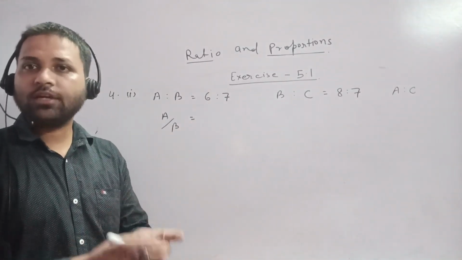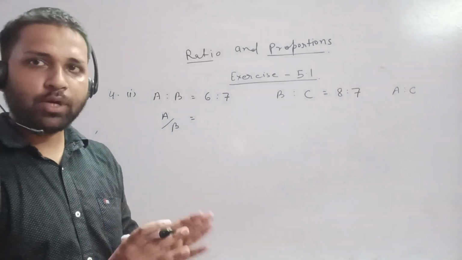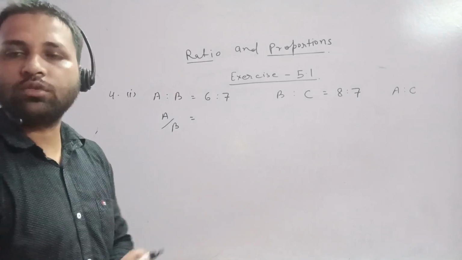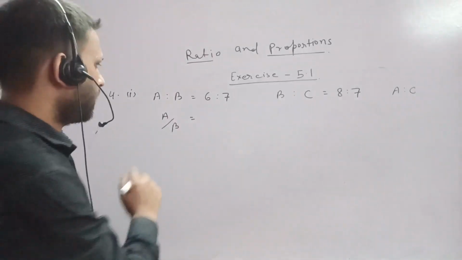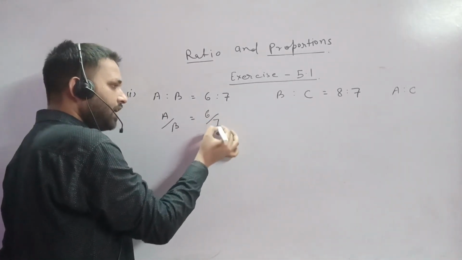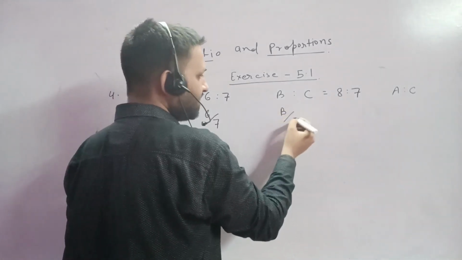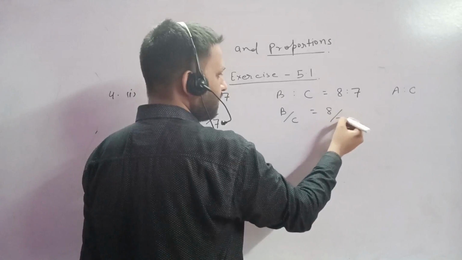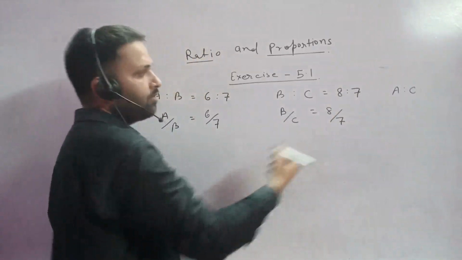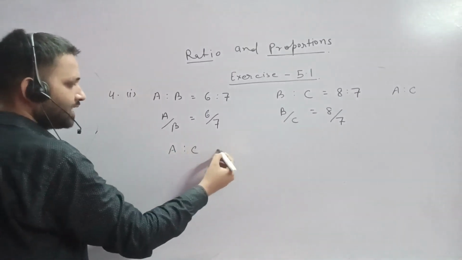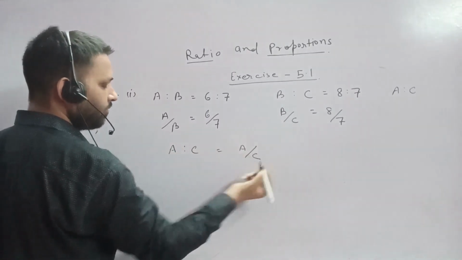Remember one thing, ratio is converted into division and division is converted into ratio. Then here we can write 6/7. Similarly, B is to C is written as B by C, and B by C is equal to 8/7. Now we have to find A is to C, that means we have to find A by C.